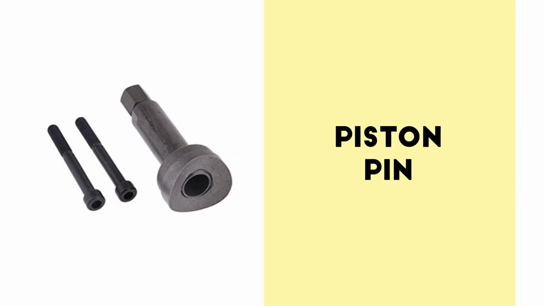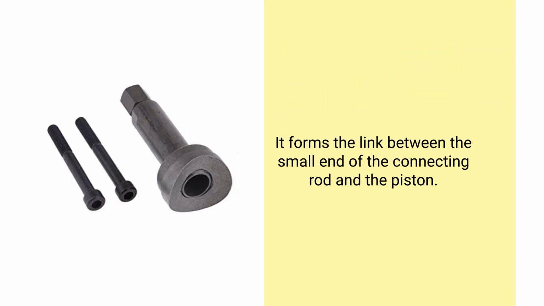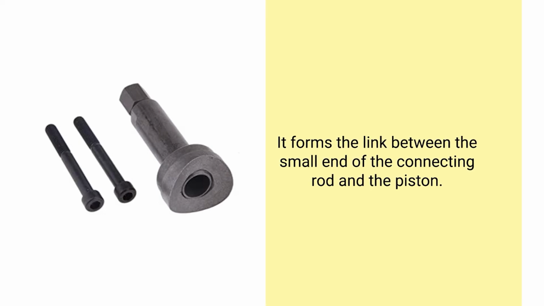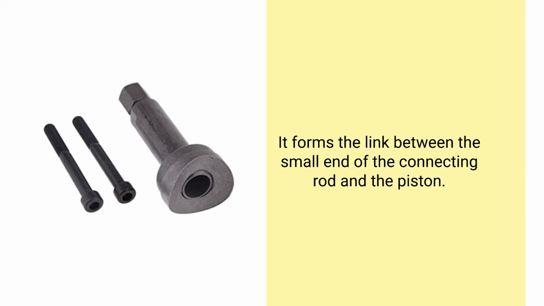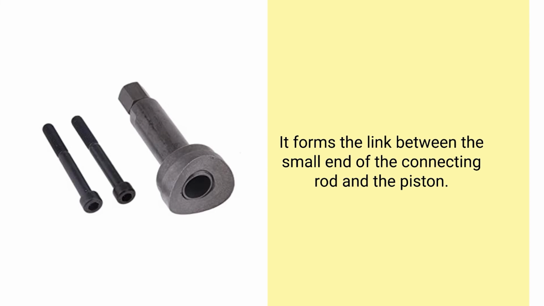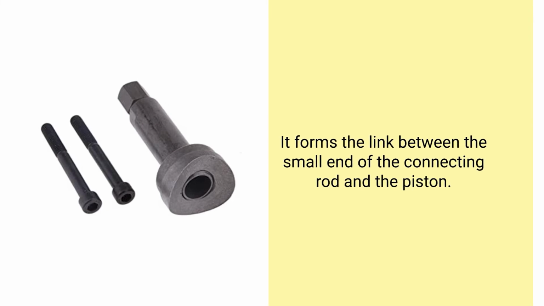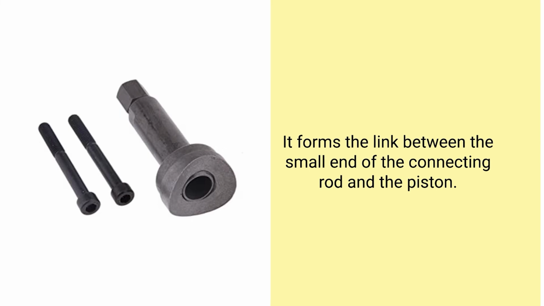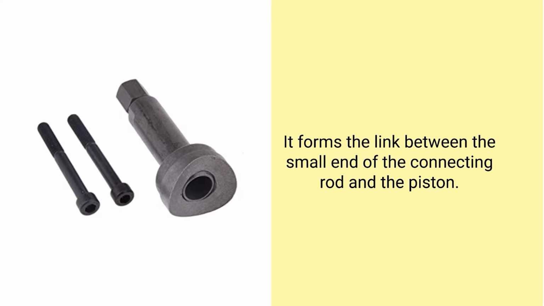In order to fix the piston with the connecting rod, the piston pin is used. Therefore, it forms a link between the small end of the connecting rod and the piston. The shape of the piston pin is given in the figure.